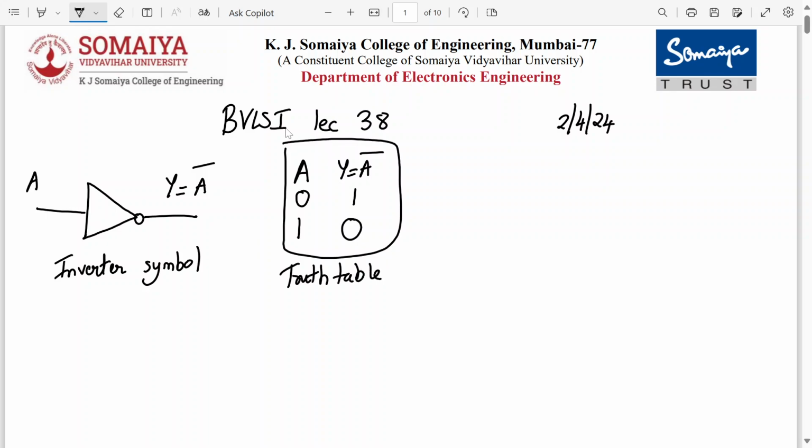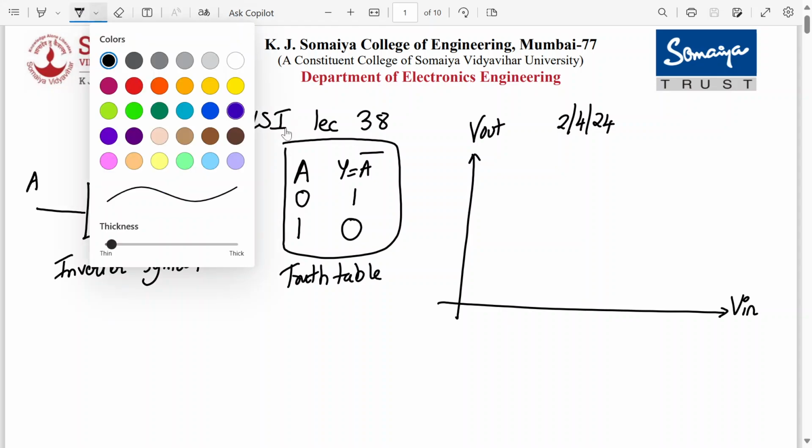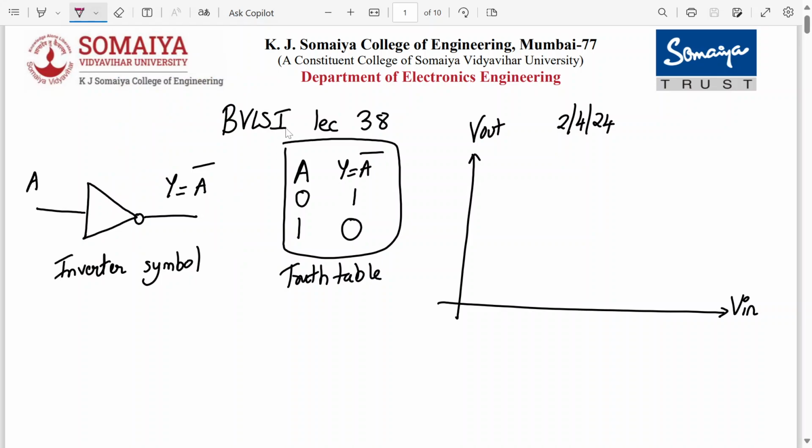Listen carefully, this is important. If I plot a graph of V out versus V in, how should the graph look? What do you think? Yes, the graph will look like this.